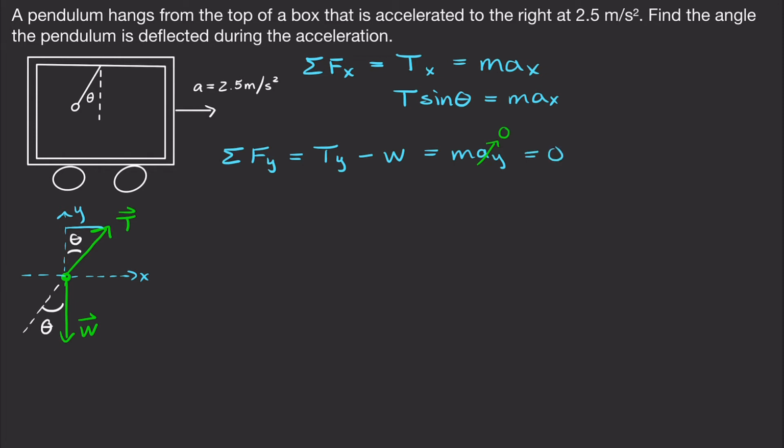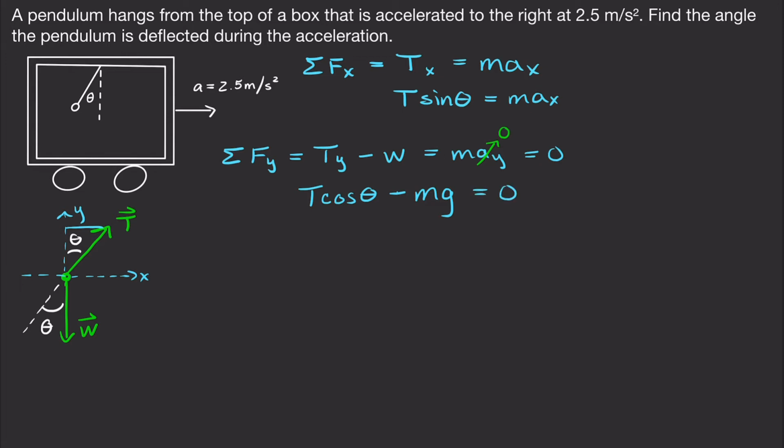The y component of this tension, we knew the x component was sine, so now this is going to be cosine of the angle I'm looking for. And since mass shows up in my x equation, I'm going to write the weight as mg, hoping things might cancel out. And I'm going to set that equal to 0.